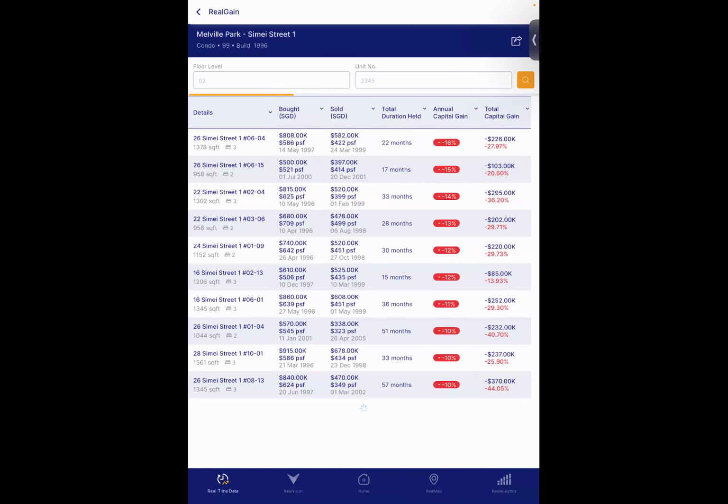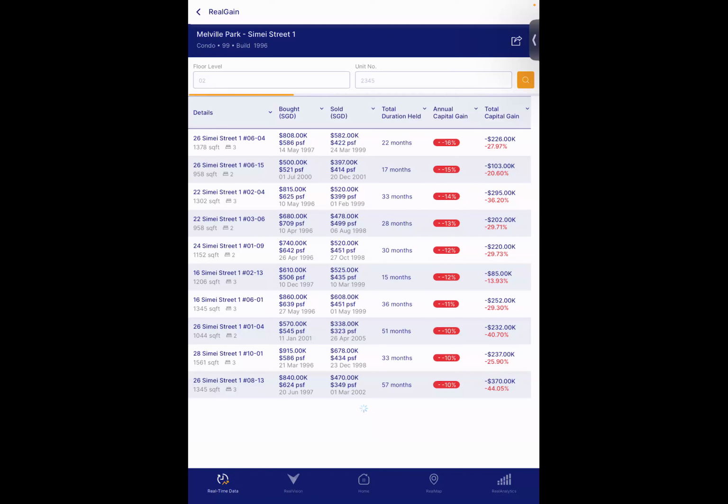Basically, all those that lost money were in the late 90s, early 2000s. All those that earned money are recent sales. So not bad. If you're a buyer of this project for own stay, and you hold on for at least 4-5 years, you should get a positive return on your investment.